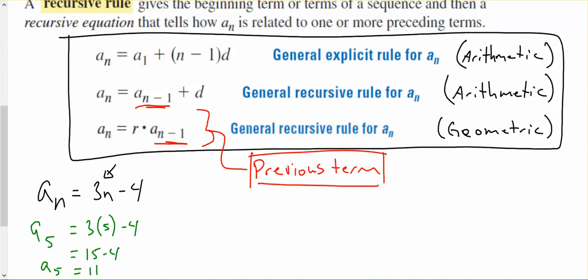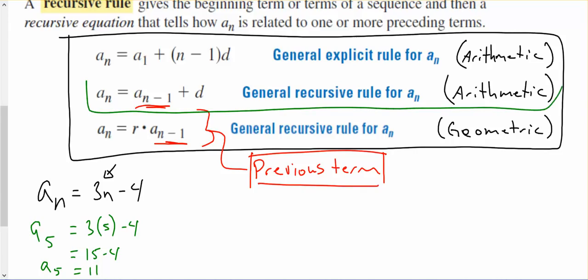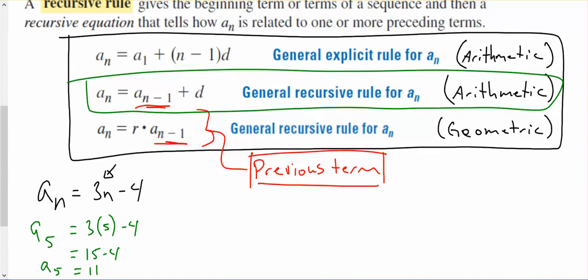So today we want to learn about the general recursive rule for arithmetic sequences. What a recursive rule does is it relates where we are to where we're from. If I said the numbers 3, 6, 9, 12, and then left a space, you would all say, well, 3, 6, 9, 12, what? 15.